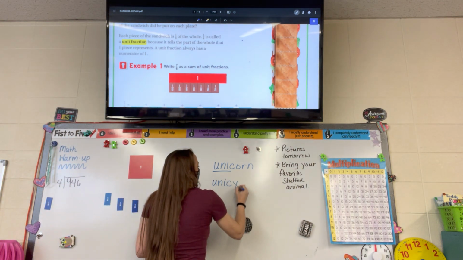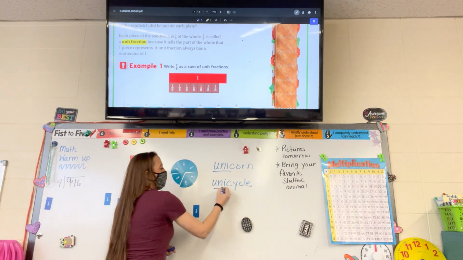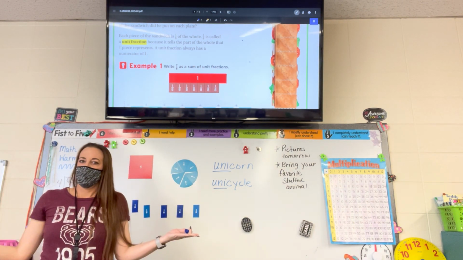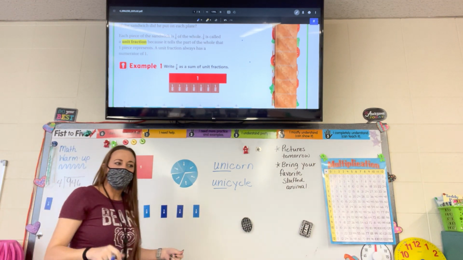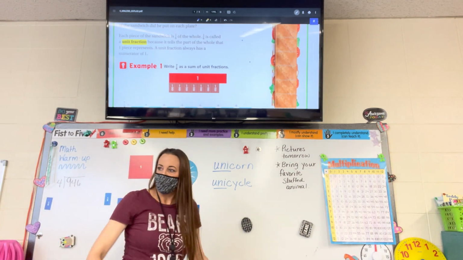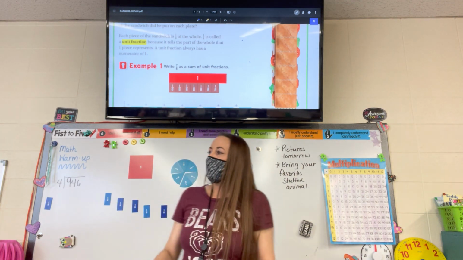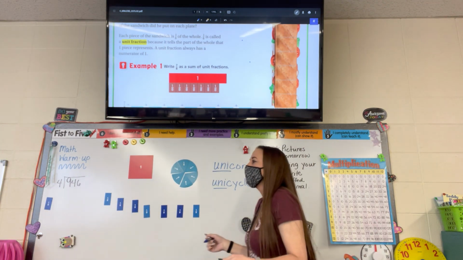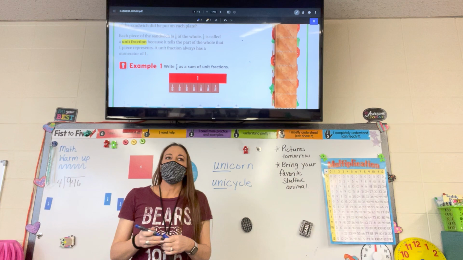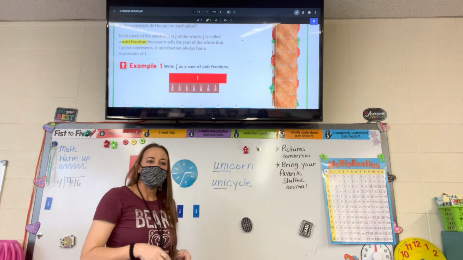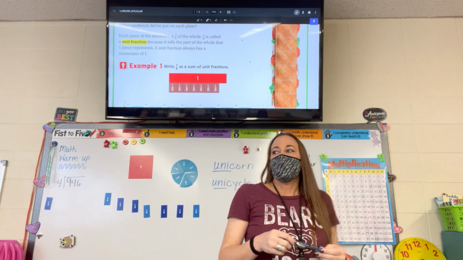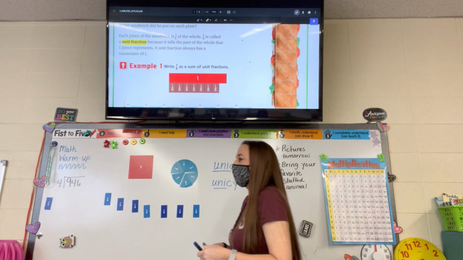How many wheels does a unicycle have? 1. A unicycle, one of those things that's like a wheel with pedals on it. Can anyone think of another word that starts with the U-N-I word part? Sophie?